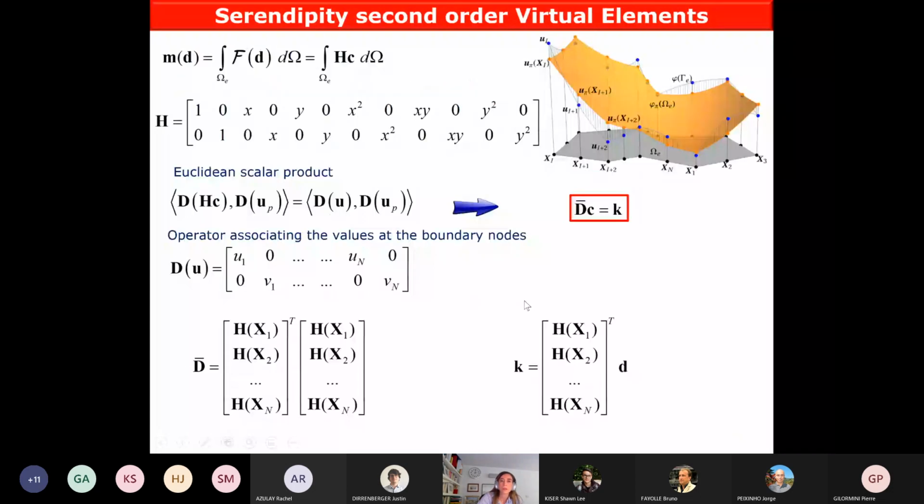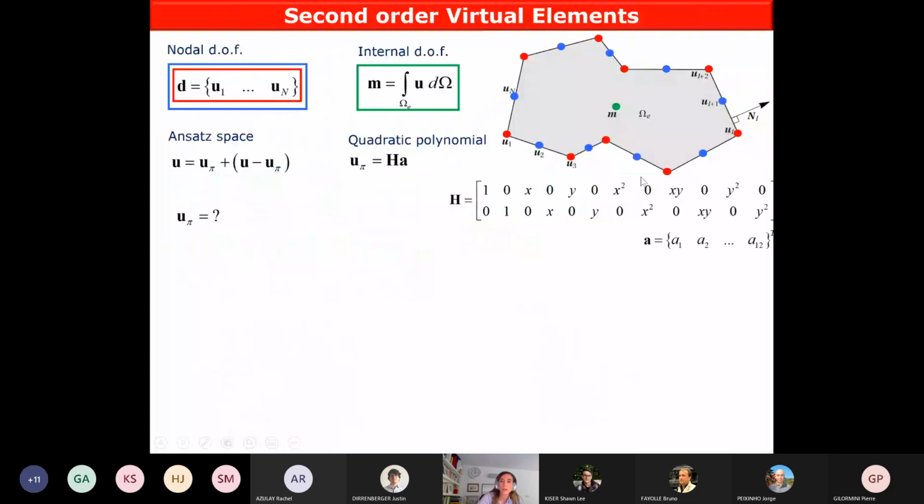In this way, we can deal with an element in which the degrees of freedom are only the blue and the red, because we eliminated the green, since we express the green degree of freedom as a function of the others.